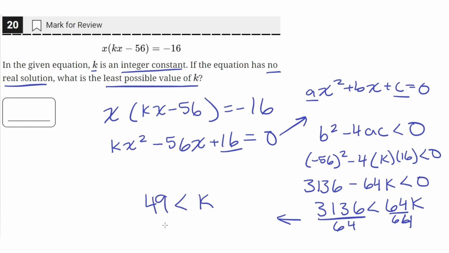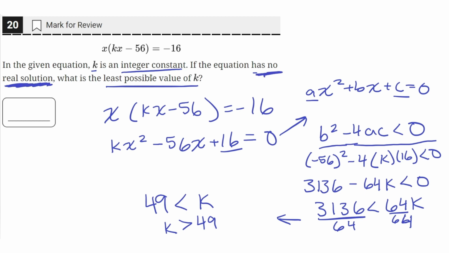And then we can just flip this to say that k is greater than 49. So that means k needs to be greater than 49 in order for the discriminant to be negative. Because when the discriminant is negative, that means we have no solution.